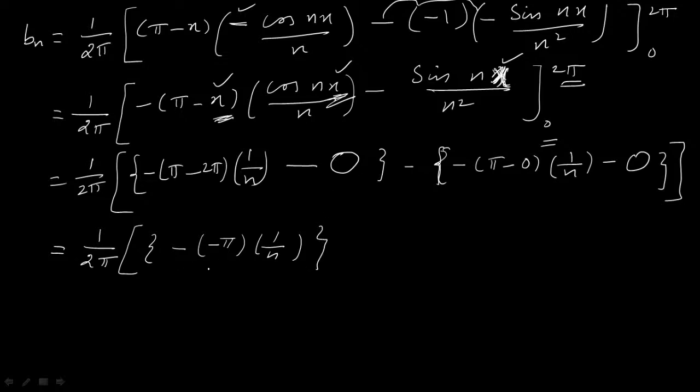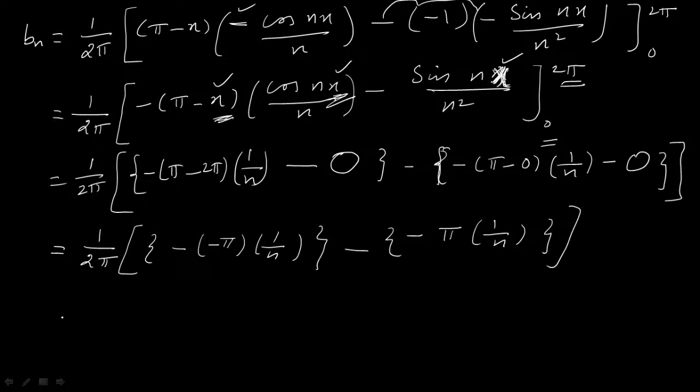So in the upper limit we have this term. Minus, coming to the lower limit, here we have minus pi of 1 by n. Okay, here the parenthesis is very important. If you leave any of the parentheses, definitely the sign of the term becomes changed, so the value becomes wrong.